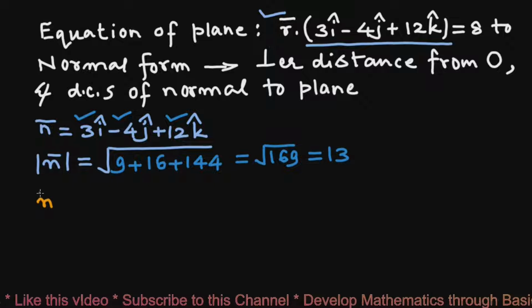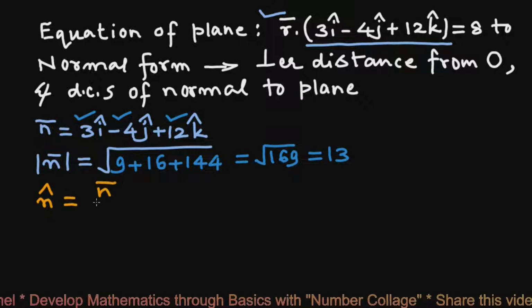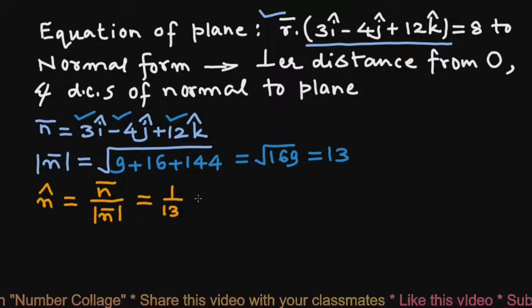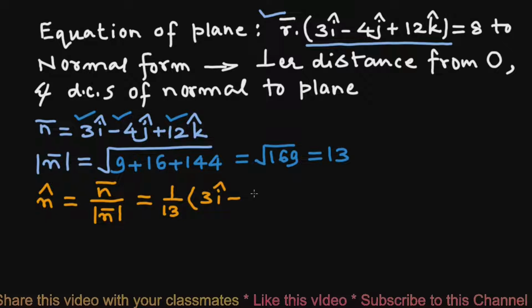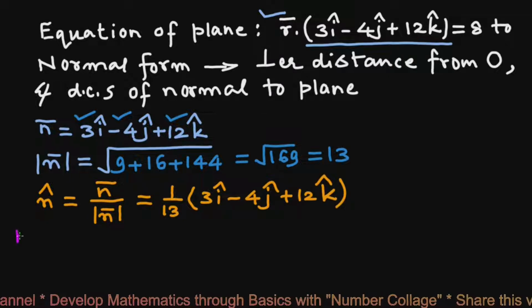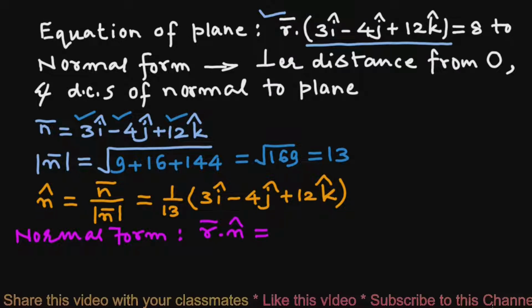So unit vector in the direction of normal vector n cap will be n bar upon its magnitude mod n bar. That will be 1 upon 13 times (3 i cap minus 4 j cap plus 12 k cap). Now the normal form of the plane will be r bar dot n cap equals p.